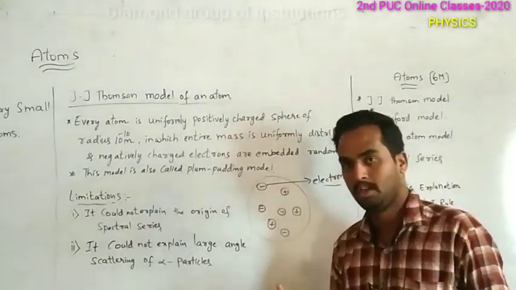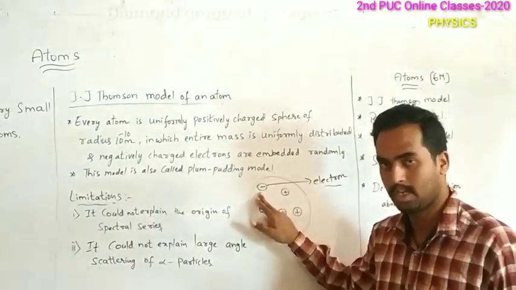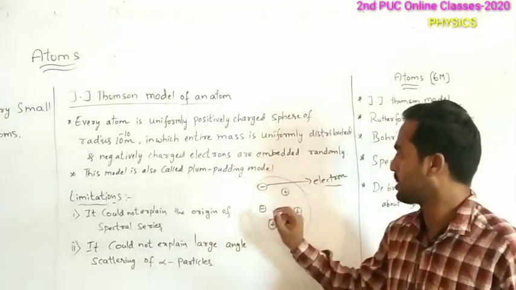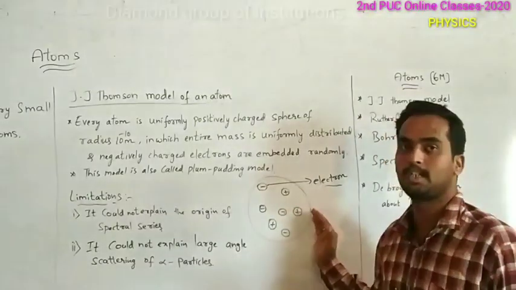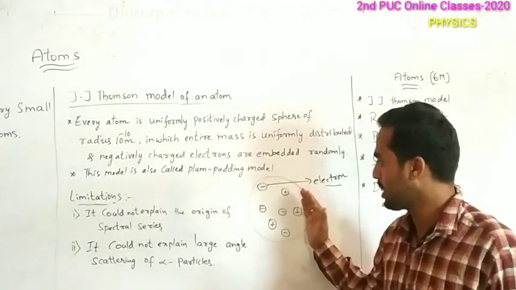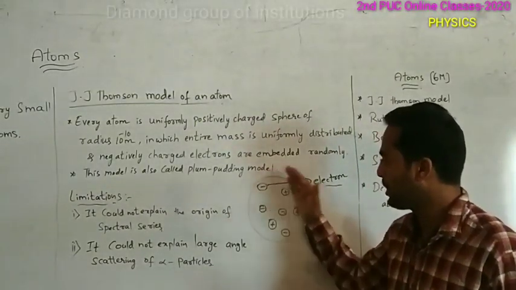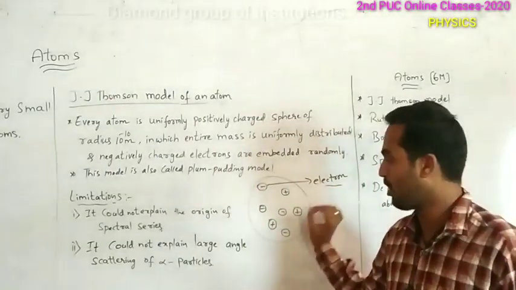In an atom, positive charge is there and negative charge is there, and that negative charge is called an electron. He said the positive charge is distributed uniformly throughout the atom, but that was a wrong point.